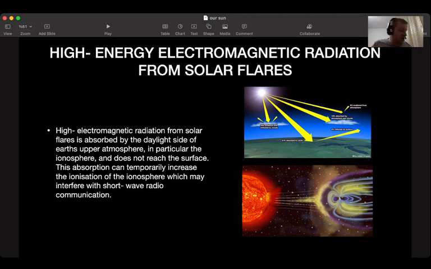If the solar flare does reach Earth, it doesn't hit the surface and damage us, of course. That won't happen, but it can interfere with shortwave radio communications or any other radio signals that are out there.